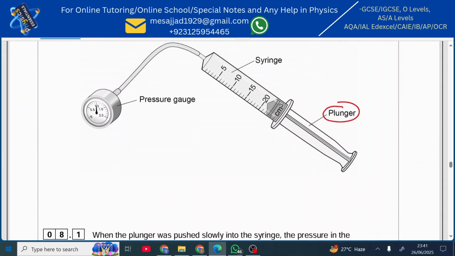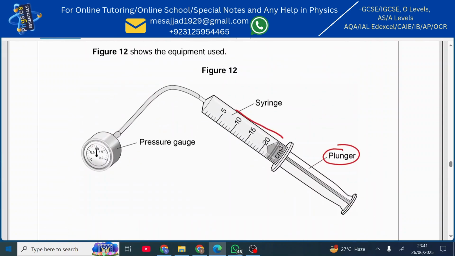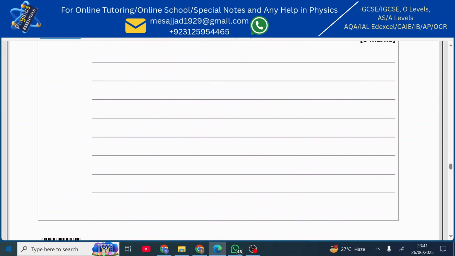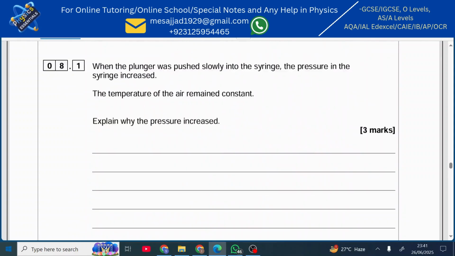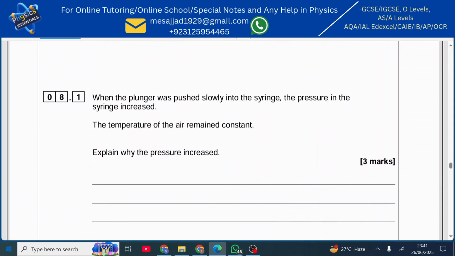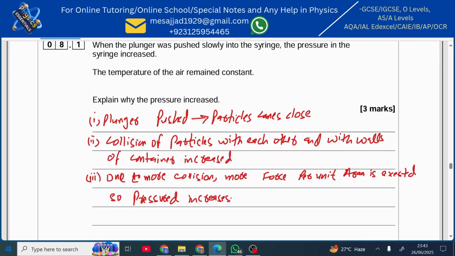Because when you push it down, what happens? Molecules come close to each other. When they come close to each other, their collision rate increases, therefore the pressure also increases. I have written down the answer as: when the plunger is pushed down, the particles are coming close to each other.